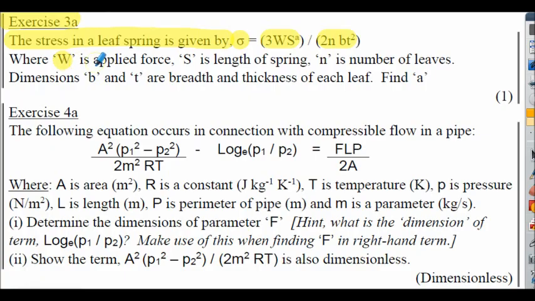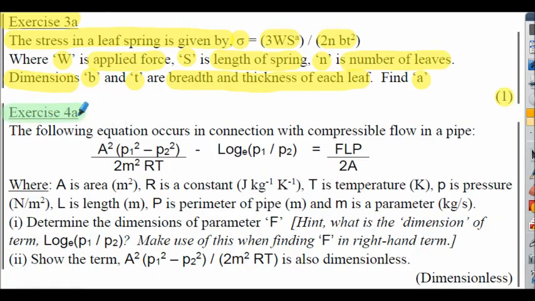Note that W is the applied force, S is the length of the spring, N is the number of leaves in the spring, and dimensions B and T are the breadth and the thickness of each leaf, respectively. We've got to find the value of exponent a. So again, that will be a question of inserting the dimensions, rearranging the equation appropriately, and equating indices to find the value of a. a is actually 1 in this case.